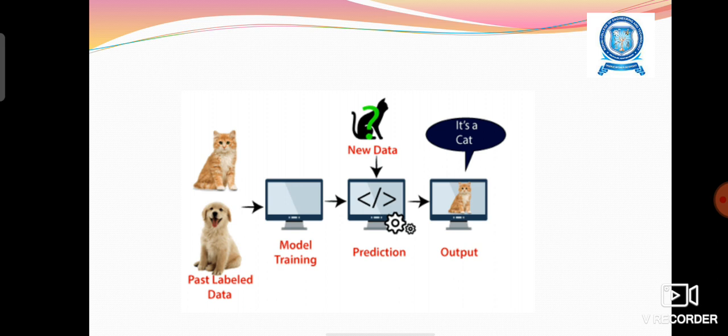When new data, meaning an image of an animal, is given to the algorithm, this new data is applied to the model created by the training, and based upon the support vector hyperplane, the new animal will be analyzed and categorized as a cat by identifying the most probable features that match the features of the animal cat.